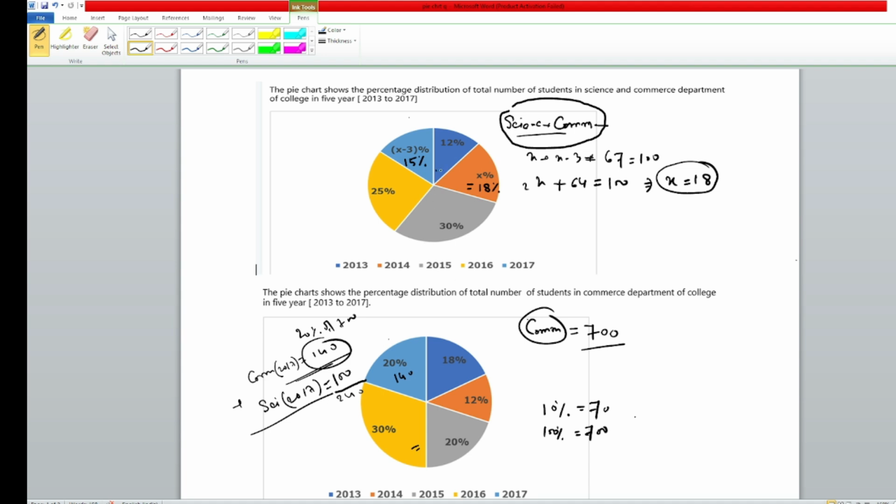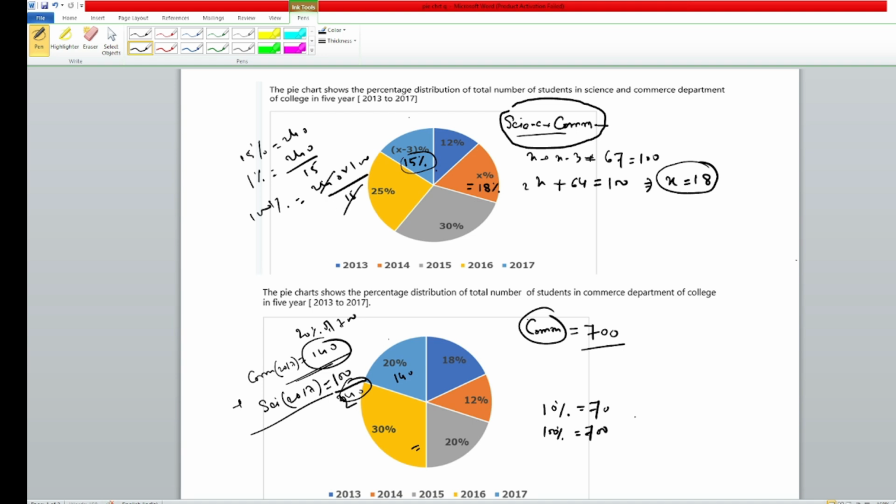But here in the light blue part, we see that 15% of students are in science and commerce in 2017. Combining these two pieces of information, 15% is equal to 240. So 1% is equal to 240 by 15, and 100% is equal to 240 times 100 by 15.